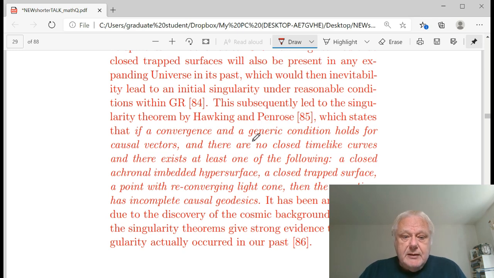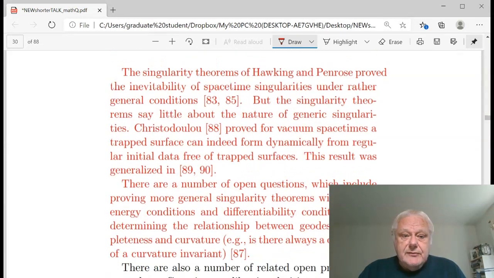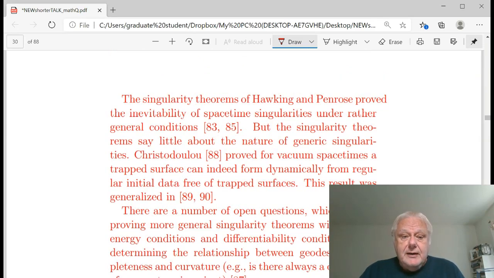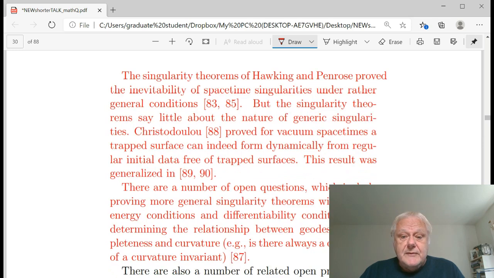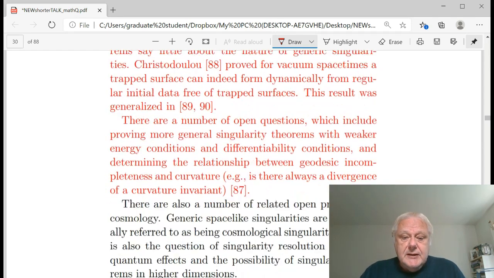We can see here a relatively technical statement of the theorem, but basically it says that generically solutions of Einstein's equations, namely spacetimes that arise as solutions of Einstein's equations, have singularities. This theorem has been proven since in various cases, which has led to many more open problems.